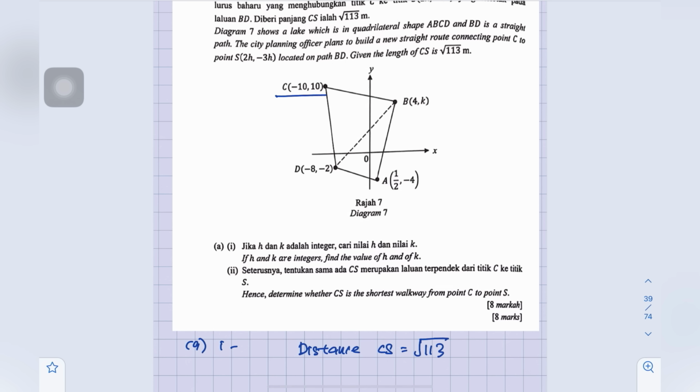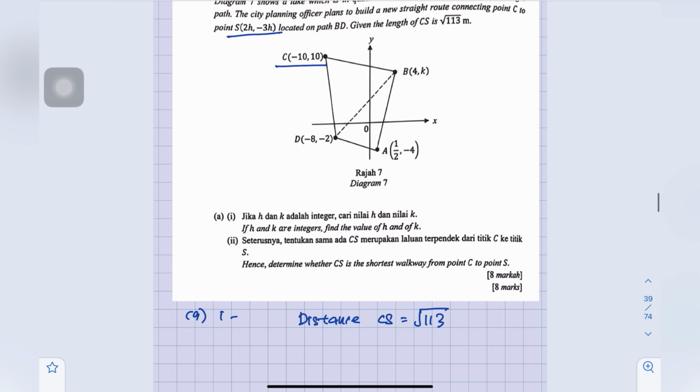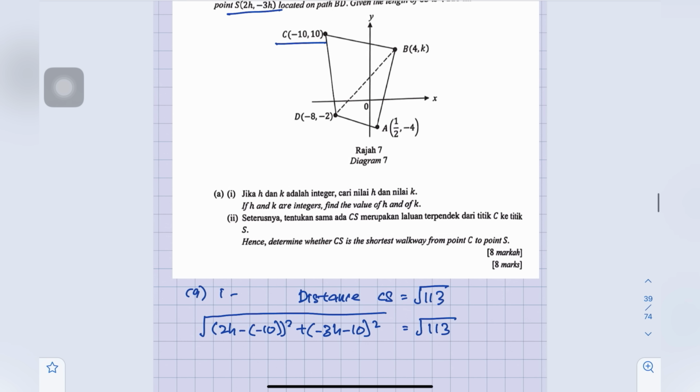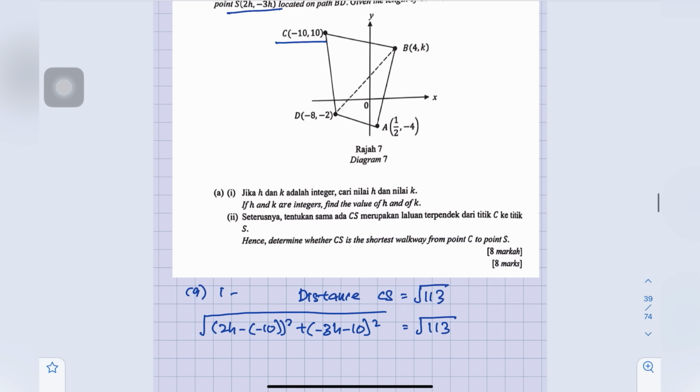So this is C, then that one is S. By using the formula of distance, square root of (2H minus negative 10) squared plus (negative 3H minus 10) squared equals square root 113. Then we can eliminate the square root, so we square both sides.